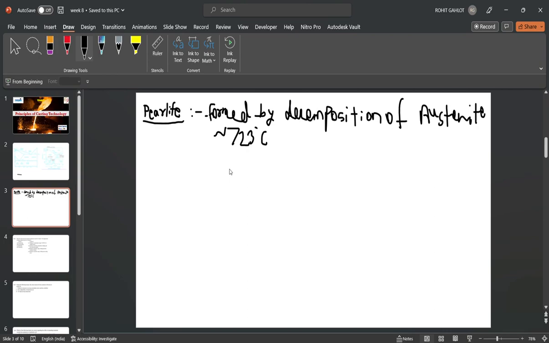Further decomposition of the austenite leads to the formation of a eutectoid mixture of around 88% ferrite and 12% cementite, which is called pearlite. So it is 88% ferrite and then 12% is cementite.